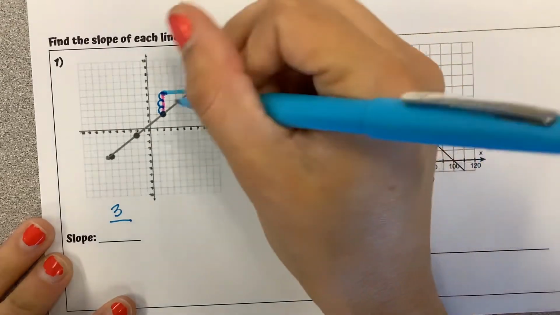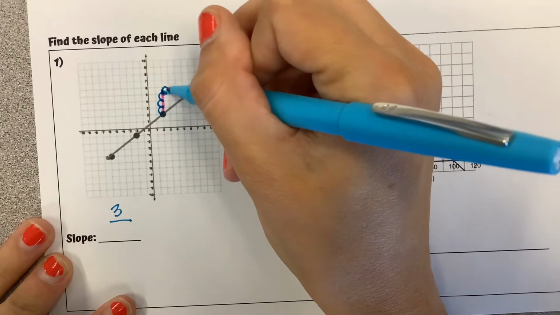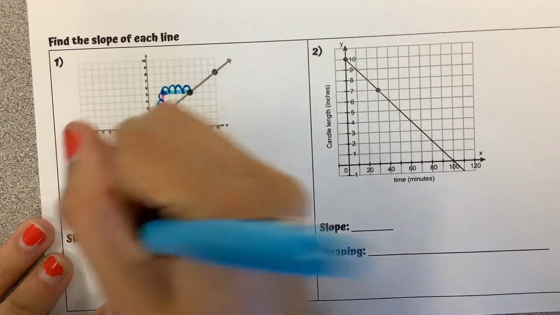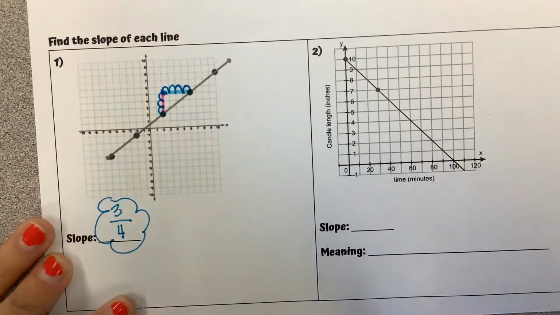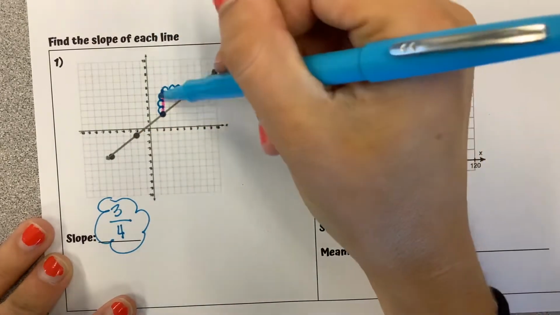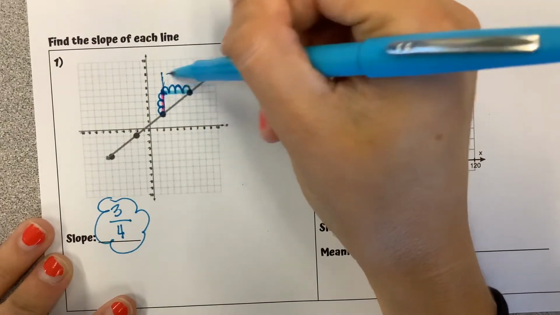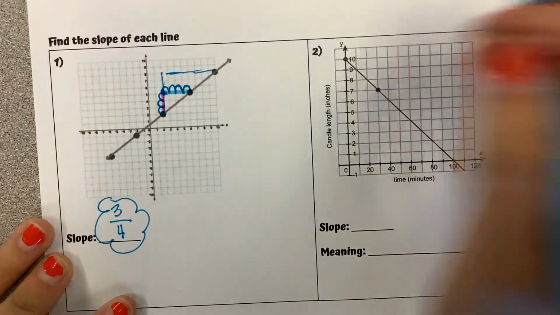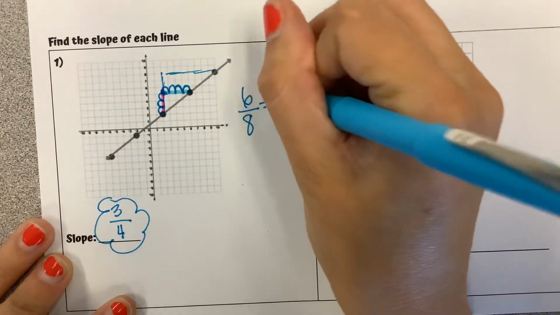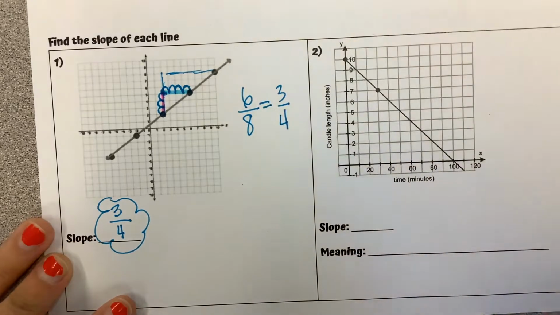Over horizontally, it's going over from the point 1, 2, 3, 4. So our slope is 3/4. If you had picked points that were further apart, let's say I had picked these 2 points, you would have gotten 6 over 8, which is the same thing. You would just have to simplify.